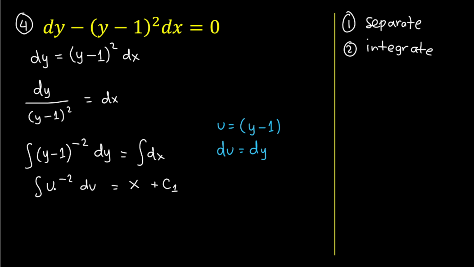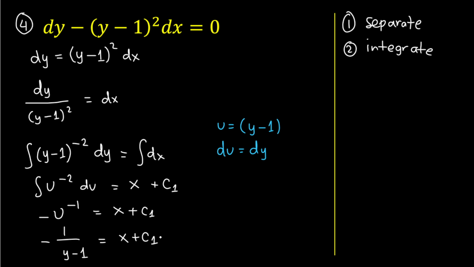Good. Now this can be solved using, I think, the power rule here. So we will have minus u to the minus 1, and that will be x plus C1. But then I will have minus 1 over u, but u is y minus 1, and that will equal x plus C1.